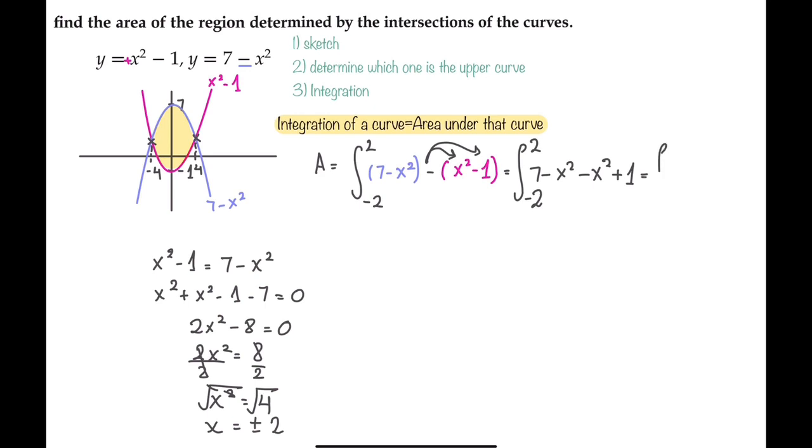And then we will simplify it, so -2 to 2, and then we will have -2x squared, and then 7 plus 1 is plus 8. And now we will find the area, or do the integration. So minus 2x to the power of 3 over 3 plus 8x, and it will be from -2 to 2.